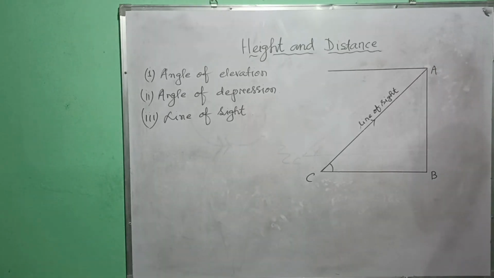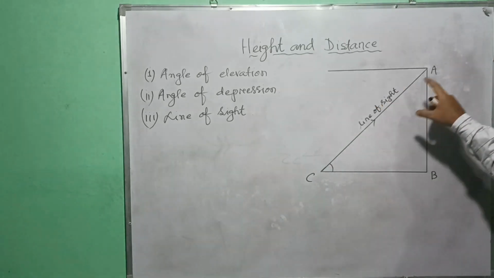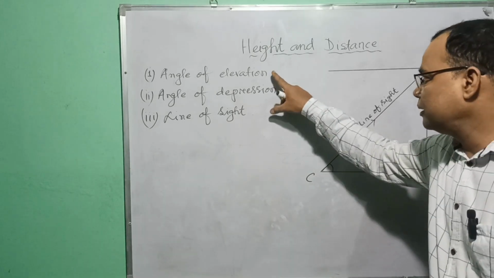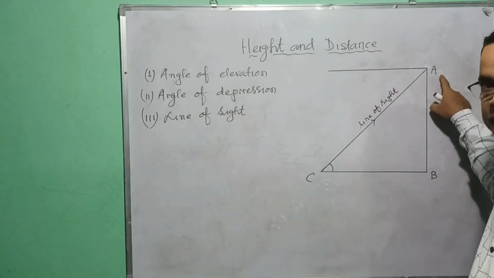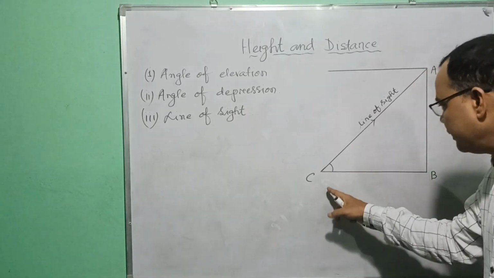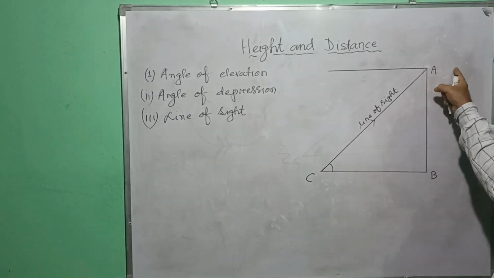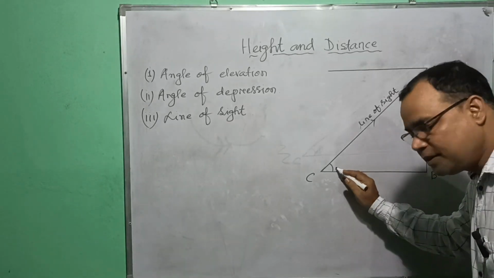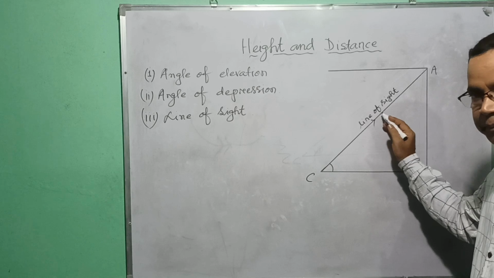So this angle ACB is called the angle of elevation of point A. You just remember, the observer is at point C when looking at point A, the top of the tower or pole, then it creates the angle of elevation.